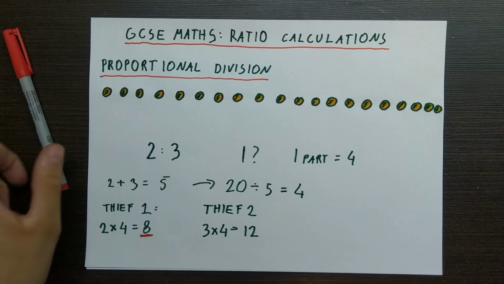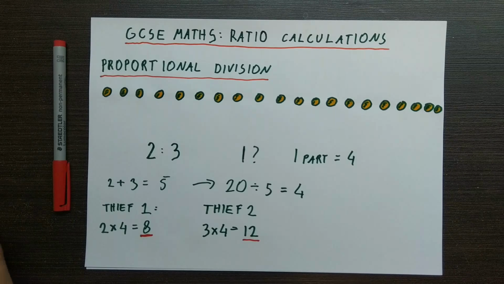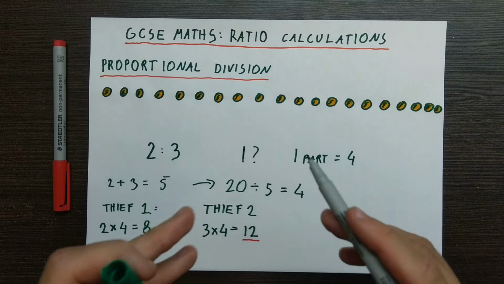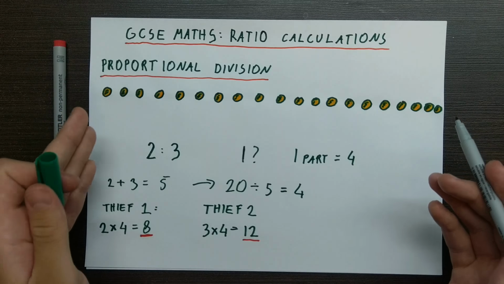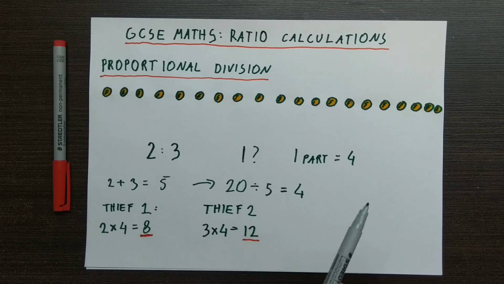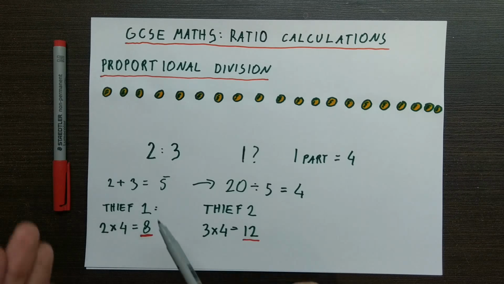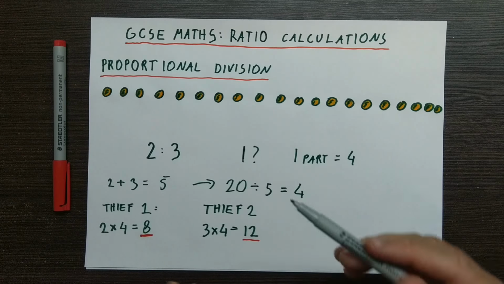And that's our answer for thief 2. Now, if we add 12 plus 8, we get 20. So this way we can check that all of these coins have been divided up correctly. So thief 1 gets 8 coins and thief 2 gets 12 coins.